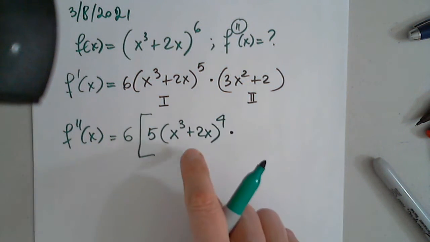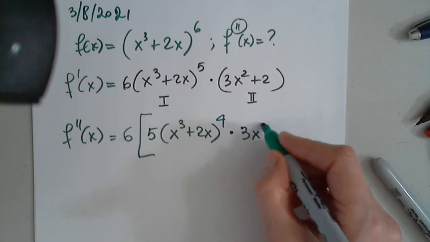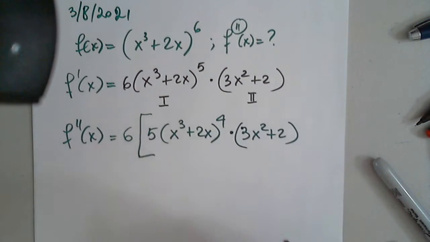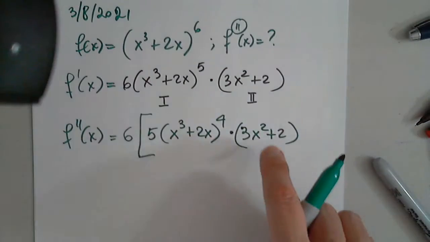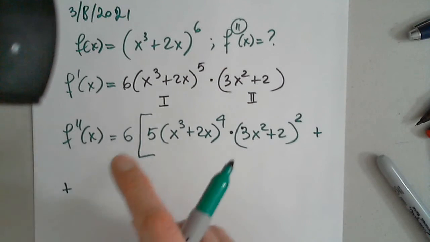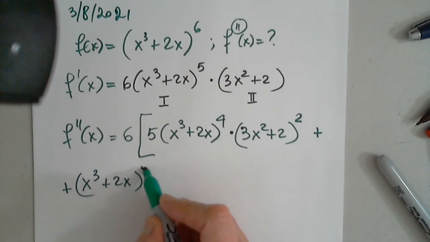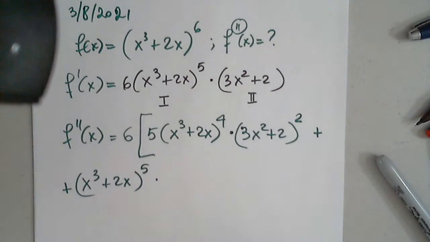Good. Times the inner function prime, 3x squared plus 2. Now I have to leave this one alone, but since they are the same, I'm going to put power 2, plus. I copy the first function, but now I have to differentiate the second one.